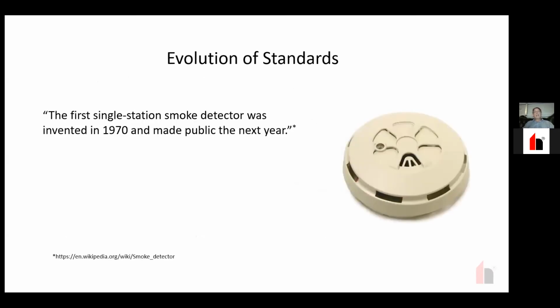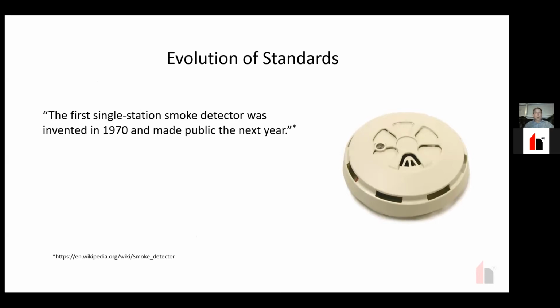Now, back in the 1970s was when the first single station smoke detectors and smoke alarms were invented. This quote is taken from a very well-known internet website. The first single station smoke detector was invented in 1970 and made public the next year. As you may be able to tell from this picture, this was an ionization type smoke detector.